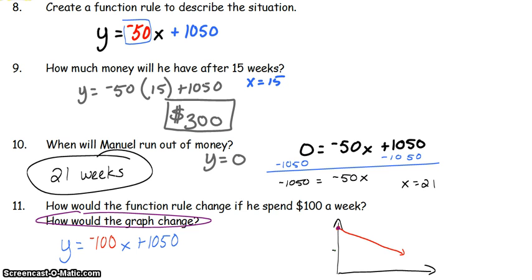But do you think it would be going down faster or going down slower? Would it be steeper or less steep? Yep, it would actually be steeper because if you think about how fast he's losing money, he's losing it faster. So it doesn't hit 0 after 21 weeks, it would hit it much faster.